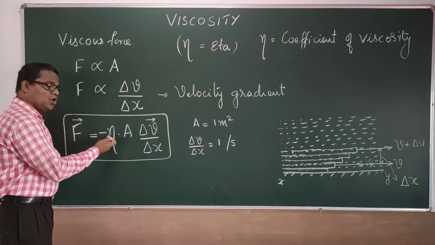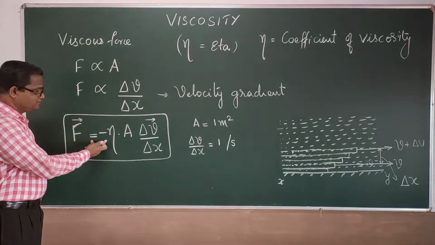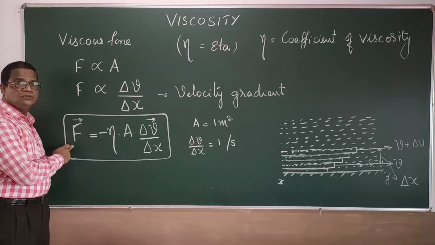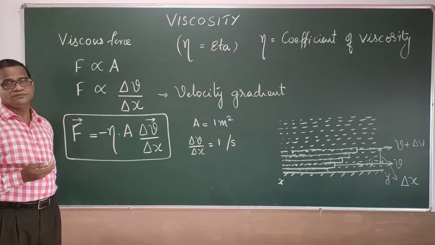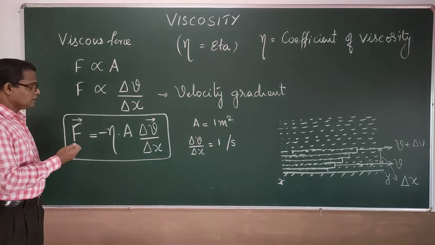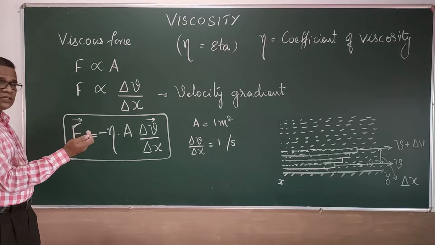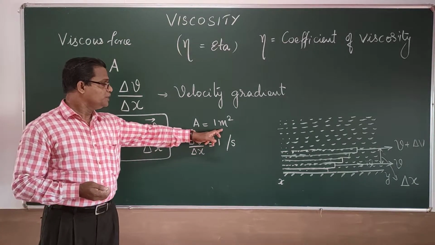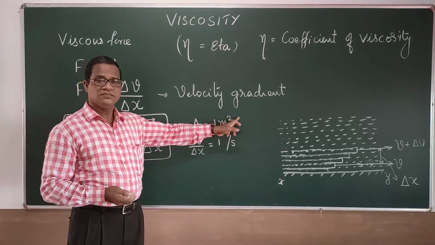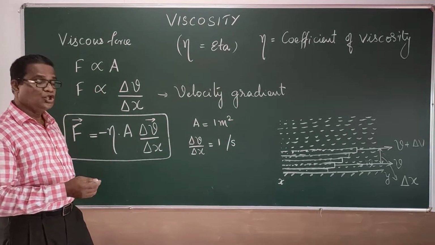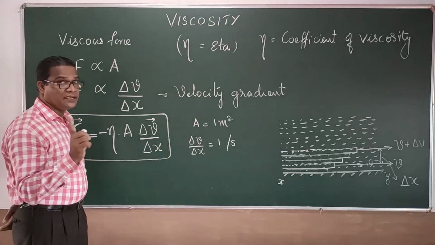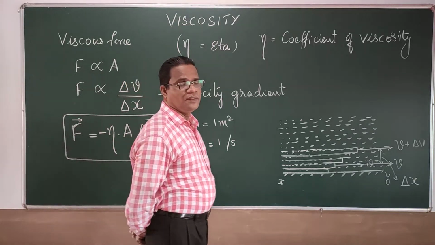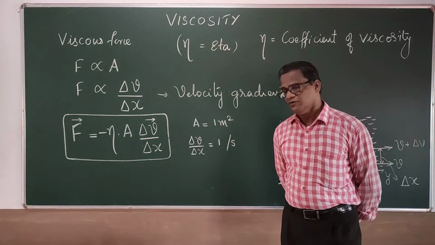That means the coefficient of viscosity of the liquid is numerically equal to the viscous force between the layers of the liquid in contact having unit surface area of contact maintained at unit velocity gradient. So this is the definition you can give for the coefficient of viscosity.